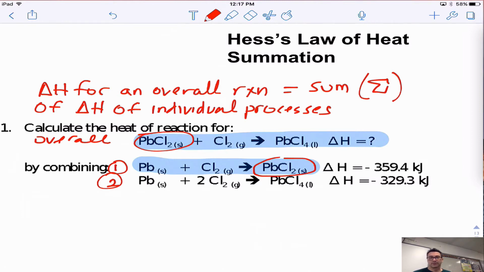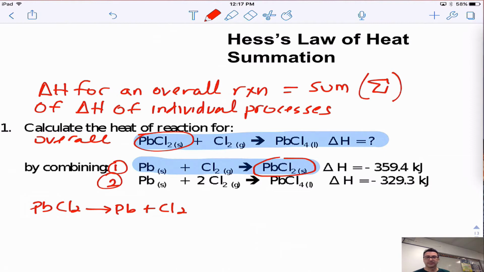But the problem is that it is on the incorrect side. It should be on the reactant side, but in process number 1, it is on the product side. So I need to reverse that first reaction: PbCl2 yields Pb plus Cl2.